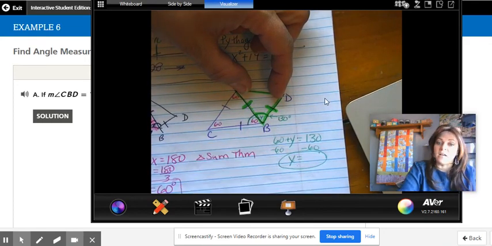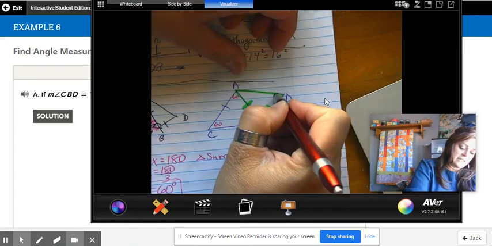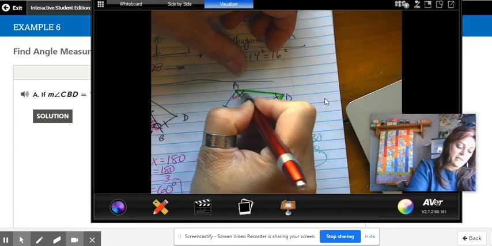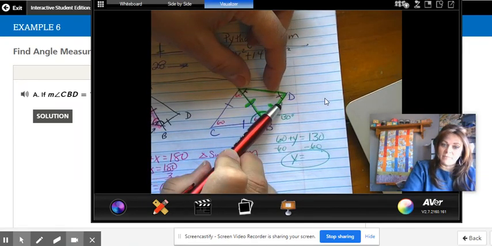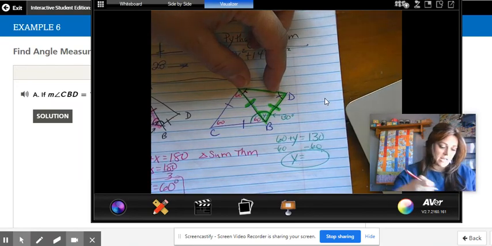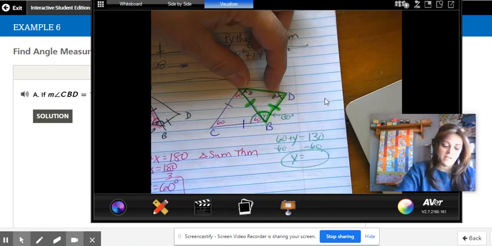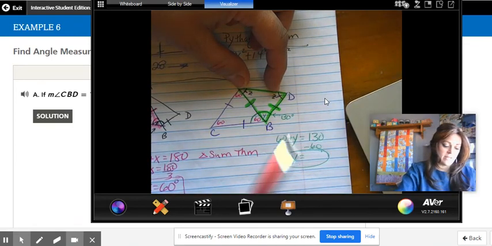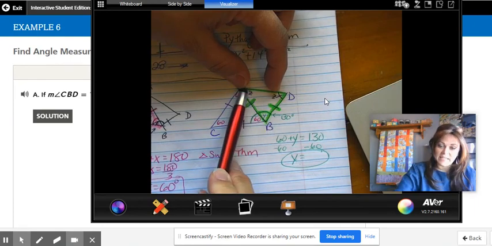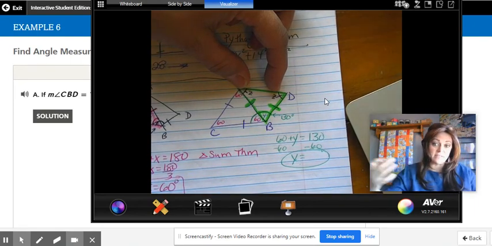This green one is an isosceles triangle, which means this angle and that angle will be the same. So without giving you answers, I'm going to call these both z. Z, z. So I know by the triangle sum that y plus this z plus this z equals 180 because the triangles add up to 180.